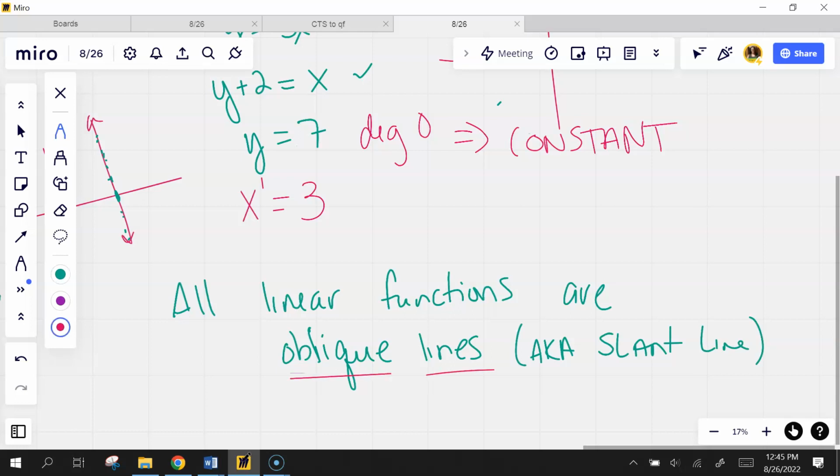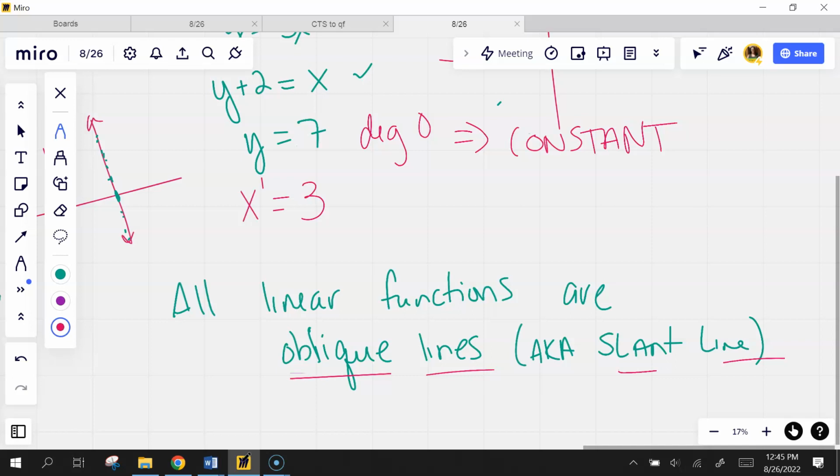Underline this, highlight it. This will come up many, many, many times in the very near future. Oblique means it's neither horizontal nor vertical. Sometimes you will hear it called a slant line. We will start finding asymptotes that are slant asymptotes or oblique asymptotes, and you need to know what that means.